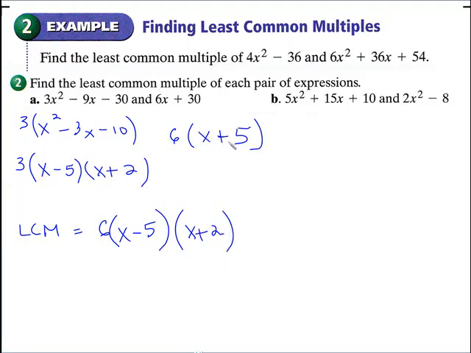And this one has an x plus 5, so we need an x plus 5. Remember, your LCM has to have one of each different factor. And if a factor repeats in both terms, you keep the higher exponent. So this would be our LCM for this example.